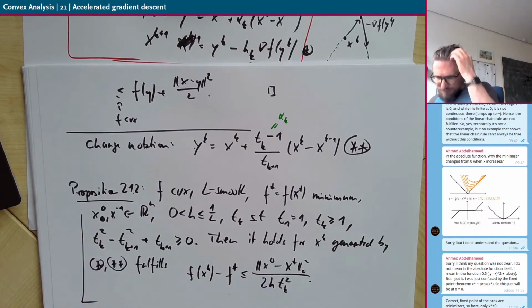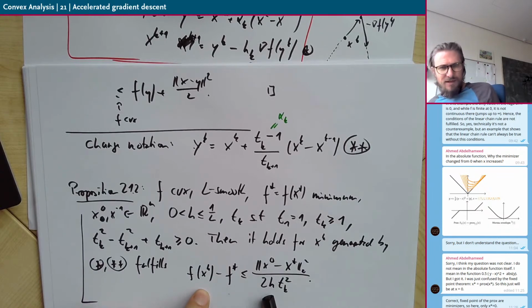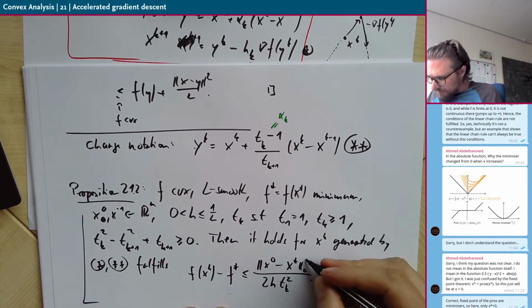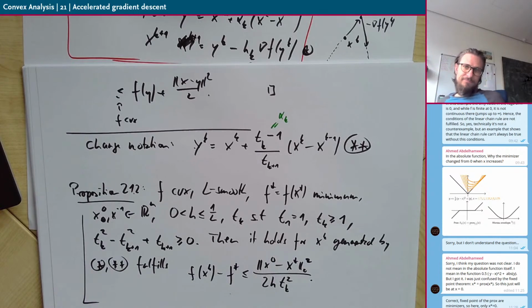That's the proper position. So we have an upper bound for the distance to optimum, which depends on the step size, on the initialization, this is a square here, but also on the tks.